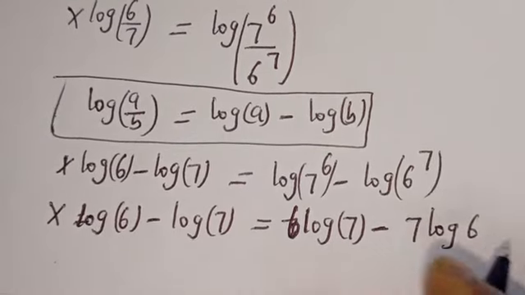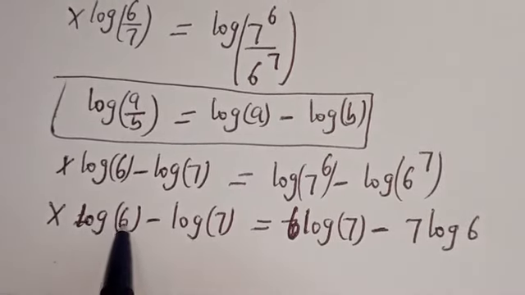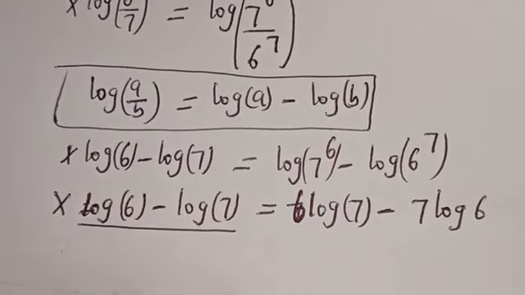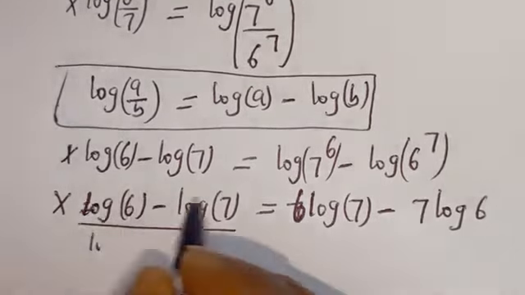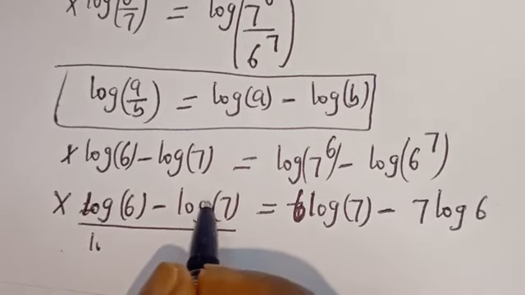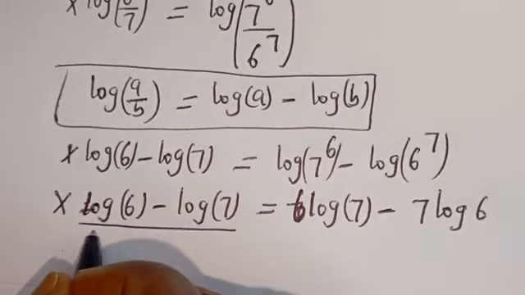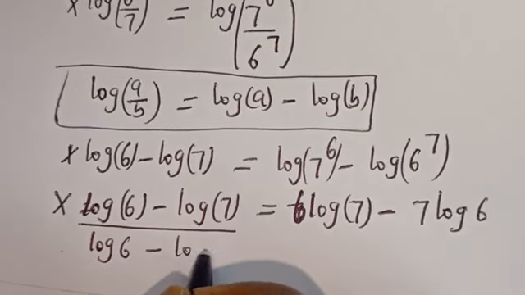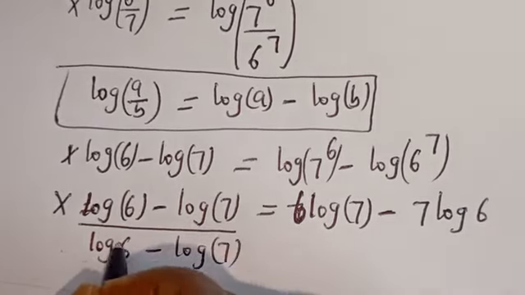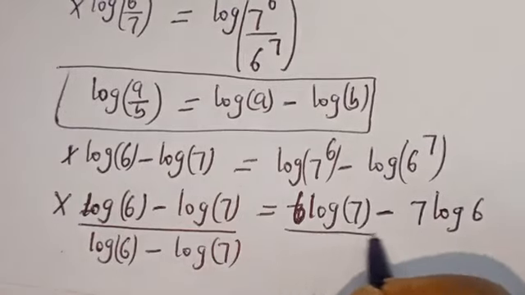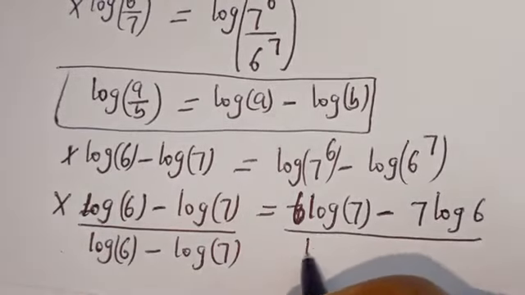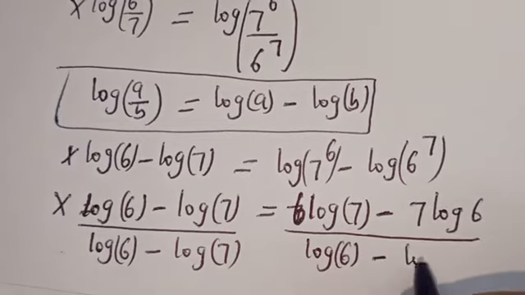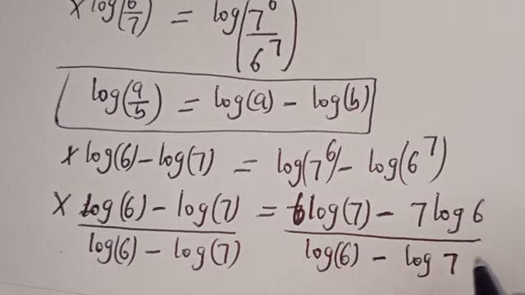But we are looking for the value of x. Let's divide both sides by log 6 minus log 7. This is divided by log 6 minus log 7, and this divided by log 6 minus log 7.